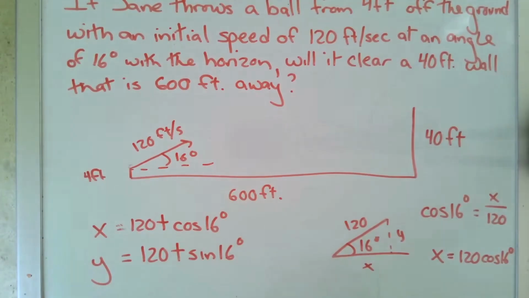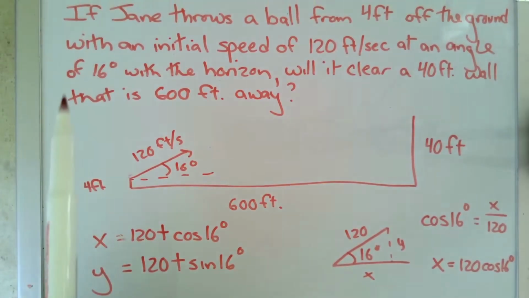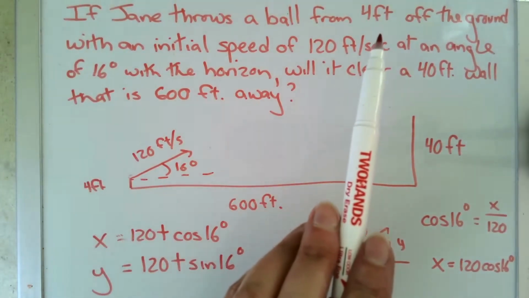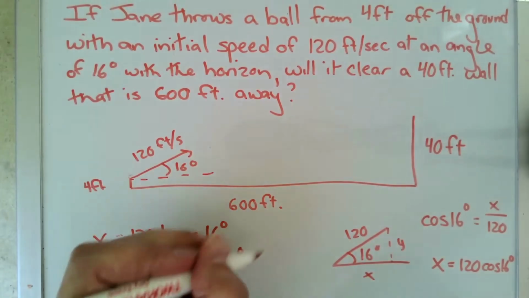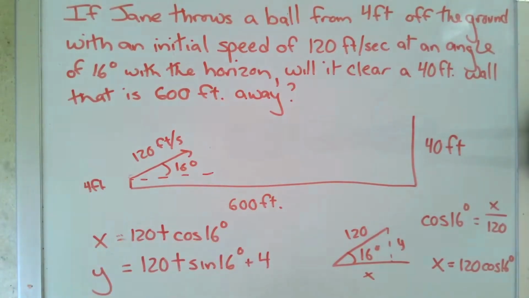But now I have some other things I need to think about. First of all, I'm throwing it from 4 feet off the ground. So in addition to the distance I've traveled, I always want to add in the 4 vertical feet that are my starting point. Now here's the other thing with the vertical. Gravity affects this ball.